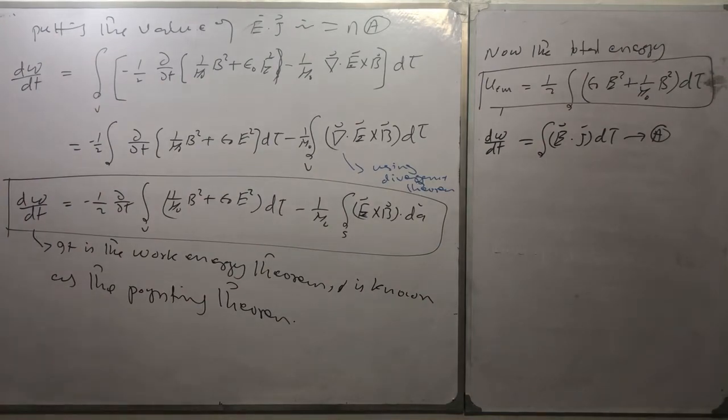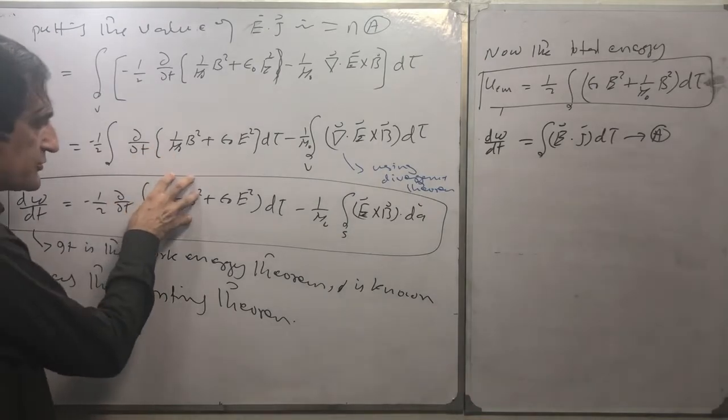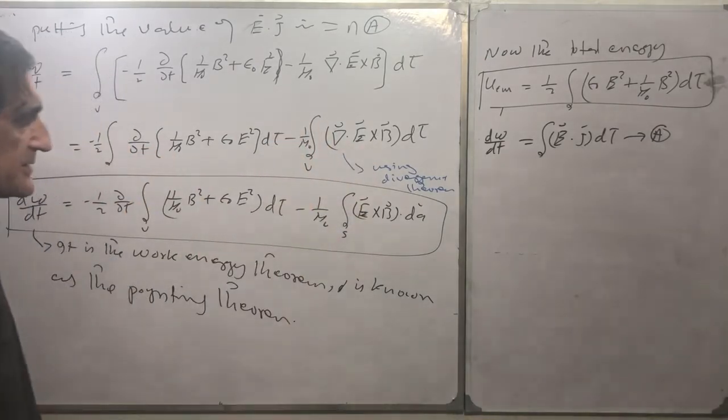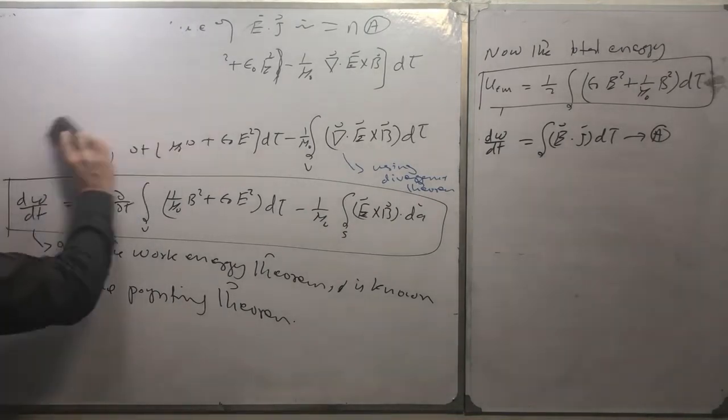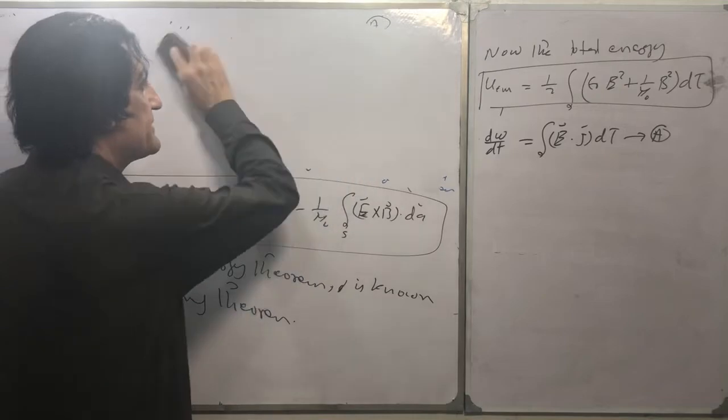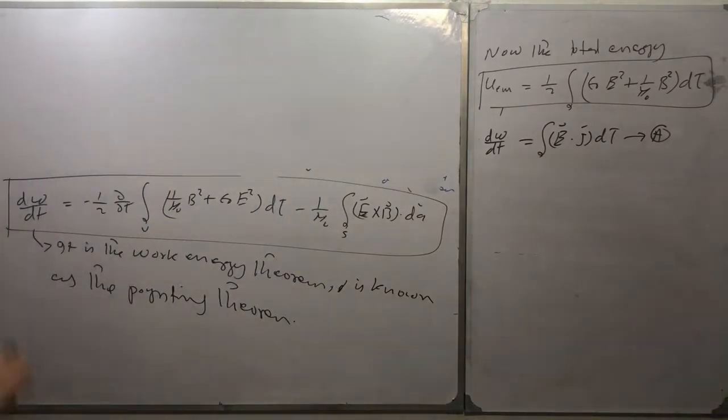Okay, this is the final theorem, but what the first part shows and what the second part gives us is the information. Here, I will write down the first part of this divergence, this Poynting theorem.